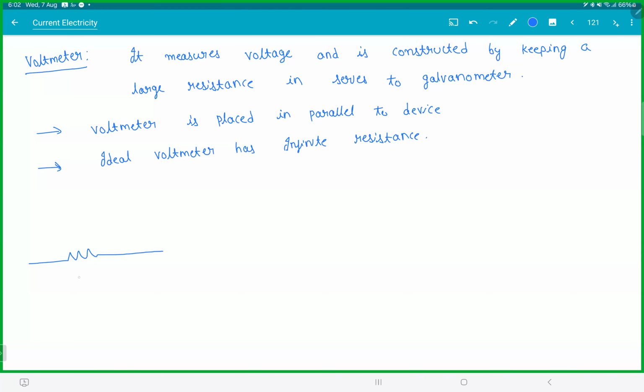So this is how it works. We have an external resistance, and you want to measure the voltage across this. So we have a galvanometer and we keep this R large. This is R shunt. This is capital I and this is Ig. So here, this whole thing is a package.